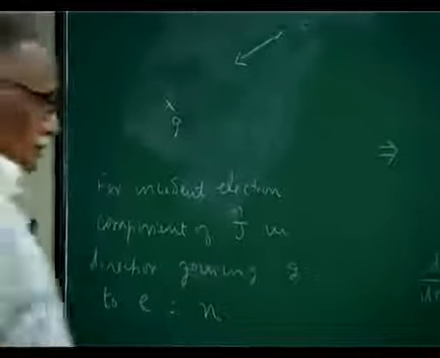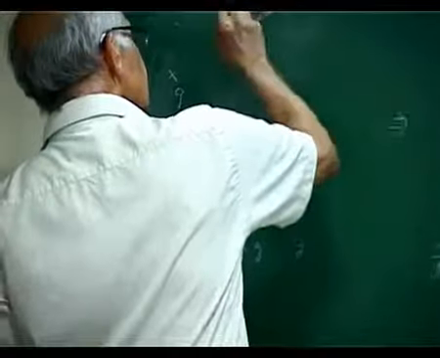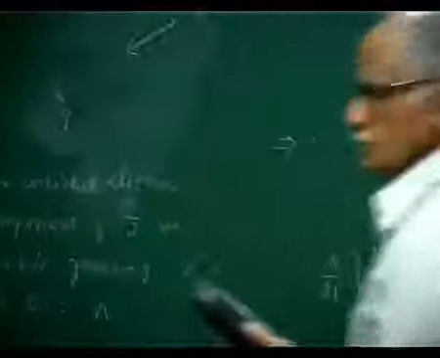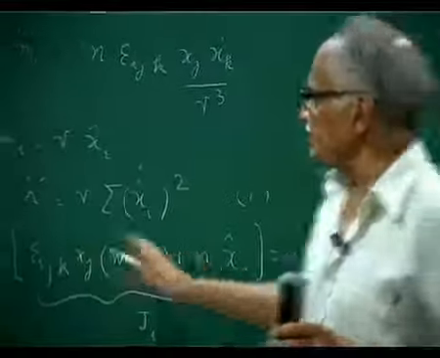From here, if I look at this component of J in this direction, I will be dotting with the unit vector from G to E, so I will get N.